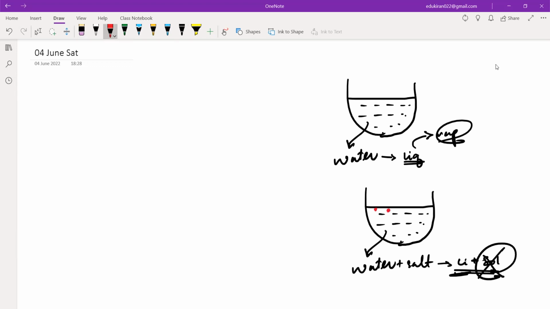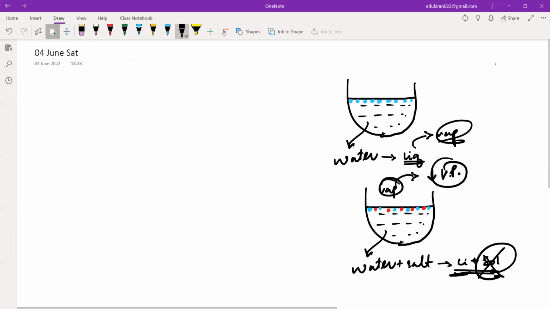Let us say this is red salt, so it is occupying some of the surface. But in only water, we have just water molecules on the surface, and here we have some salt molecules on the surface also. If there are fewer water molecules on the surface, fewer vapors will be formed, leading to lowering of vapor pressure. Is that right? Understood, all of you? Rifat, what about you?